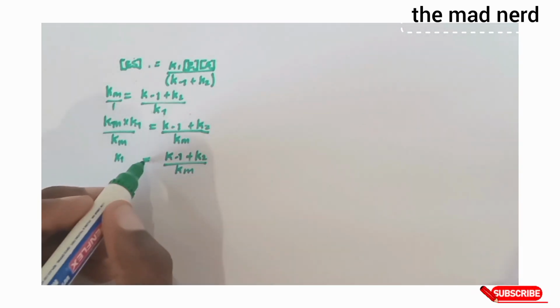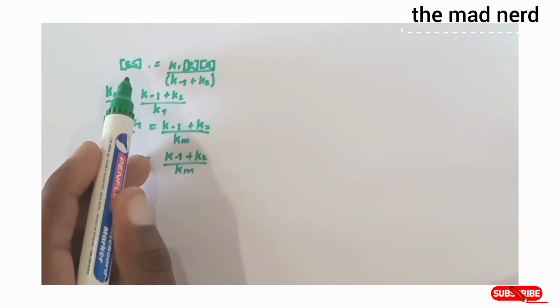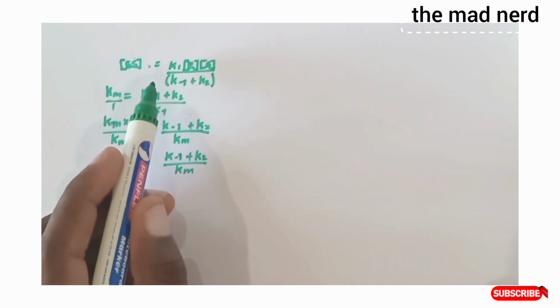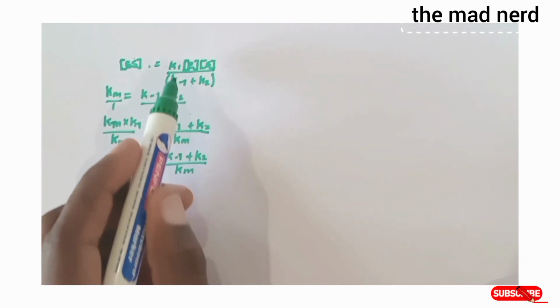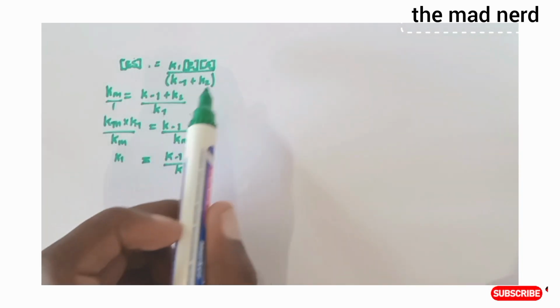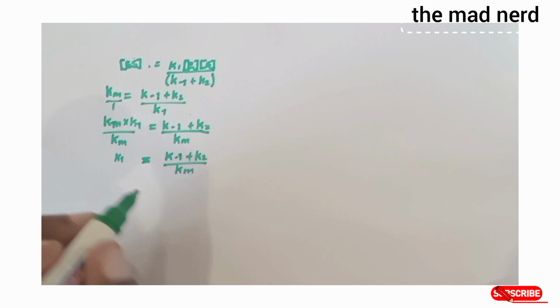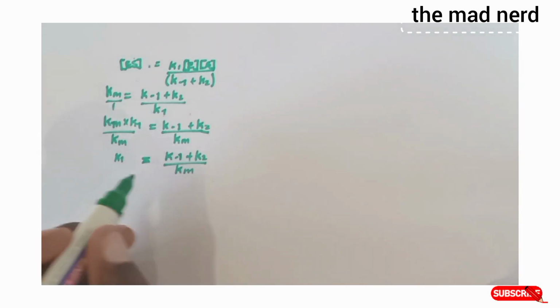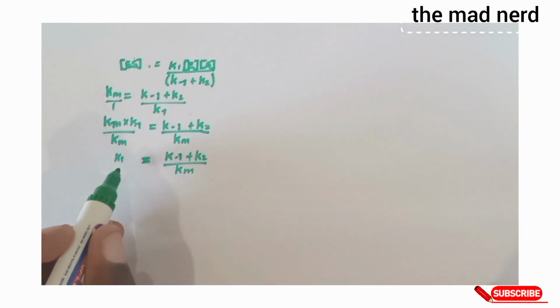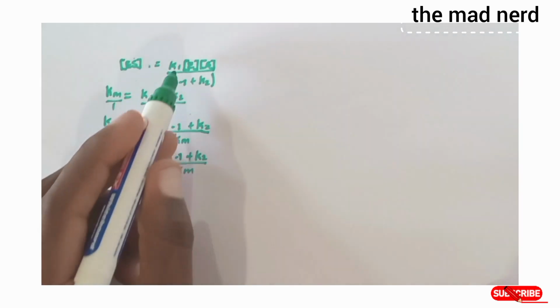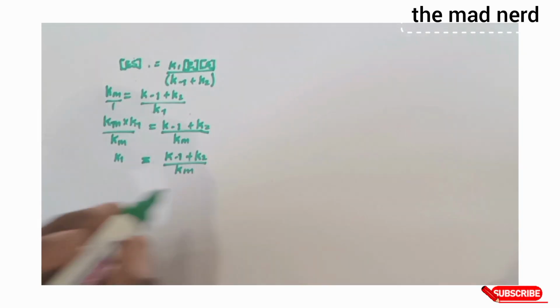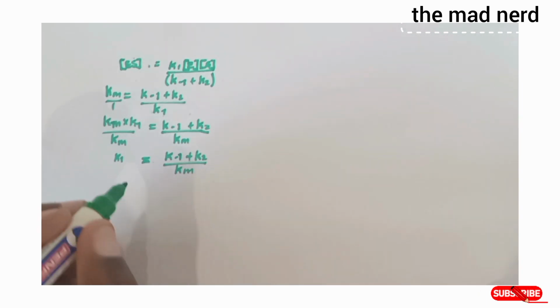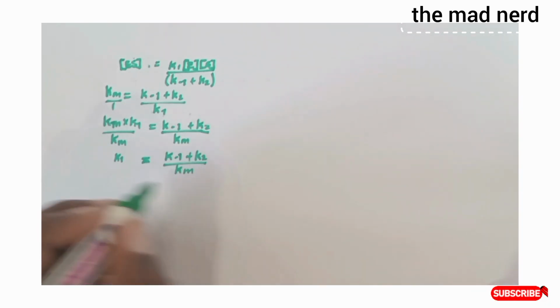And then now, since we have this over there, that is a concentration of ES, that is equals to K1 concentration of E. What you can just do over there is to try and introduce, in place of a K of +1 over there, we replace it with a K of -1 plus a K of 2, and then over the Km.